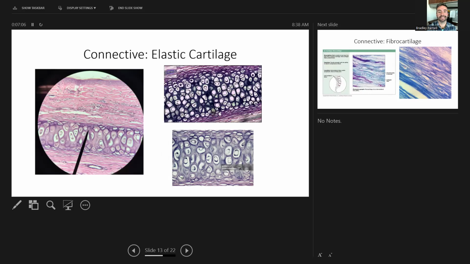So in this picture here, they're very, very dark, almost black. Here you can see those little black stringy things all behind these cells. Again, the cells are still our D-shaped cells. They're still chondrocytes because they belong to cartilage. But in this case, it is elastic cartilage. So we find this in our ear, the pinna of the ear.